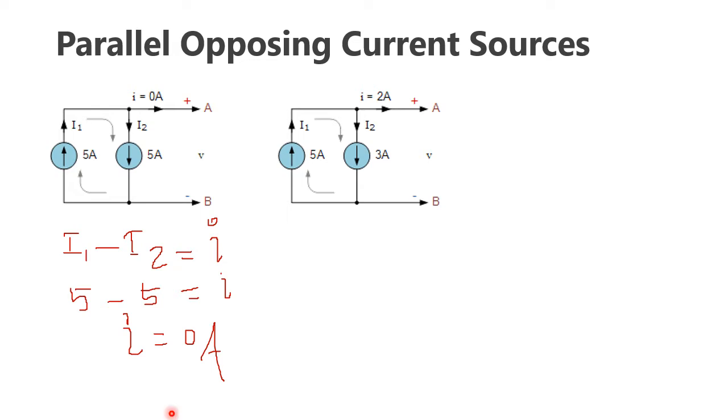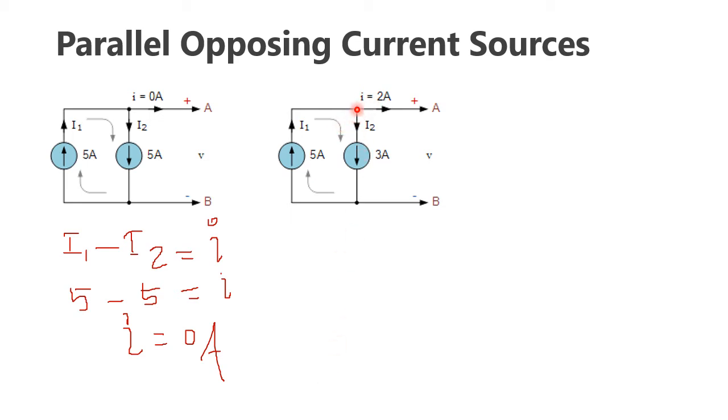In the same manner you can analyze the second circuit. Here two different current sources are connected in parallel, and also in opposite directions. This 5 ampere current source is connected in the upward direction, but this 3 ampere current source is connected in the downward direction. So how does the resultant current affect this circuit? We can use Kirchhoff's current law at this node.